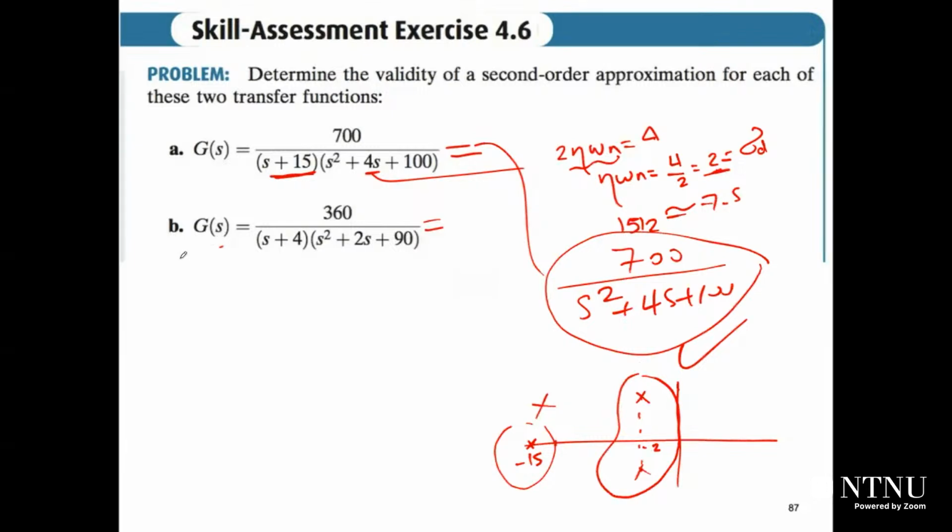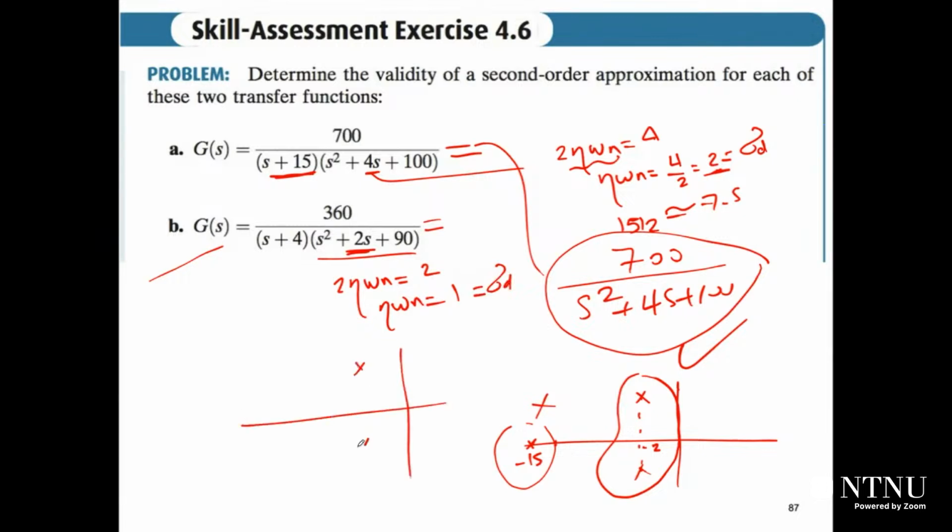For the system given in B, we will do the same. Here that part is the same, 2 zeta omega n equals 2, so zeta omega n equals 1. So the real part is 1. That part will be minus 1.